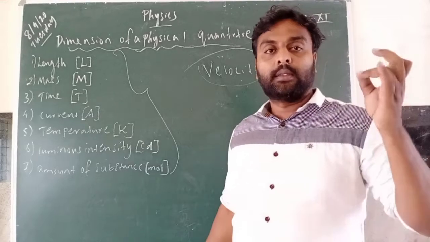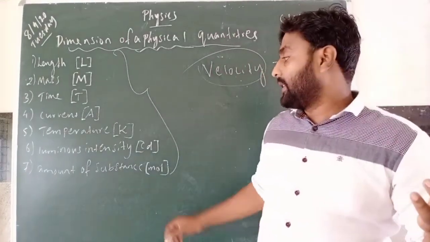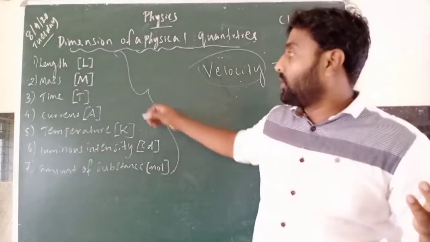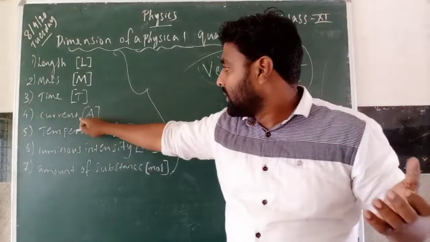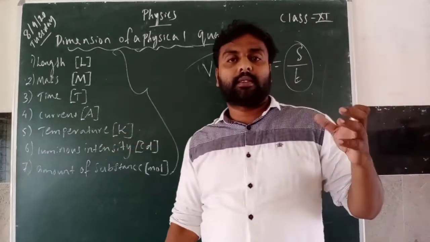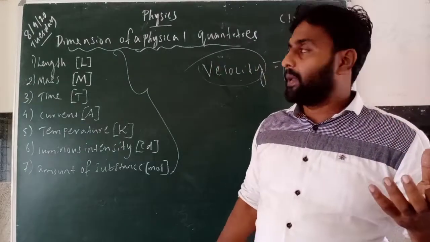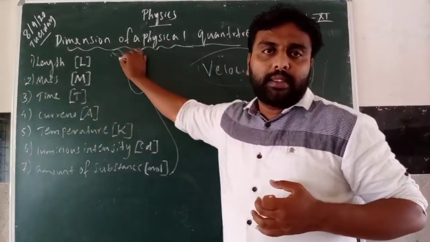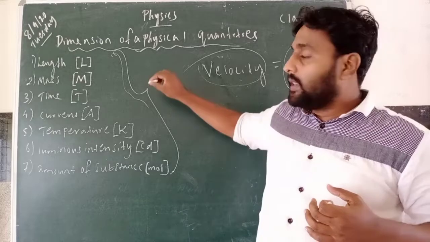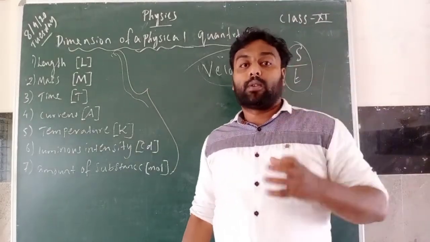Length, mass, time, current, temperature, luminous intensity, amount of substance. Luminous intensity is a term used in the light topic, optics. So these are the basic quantities. We can use these quantities to represent the derived quantities.